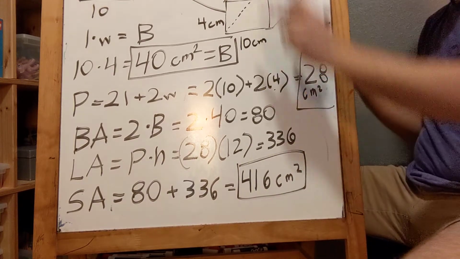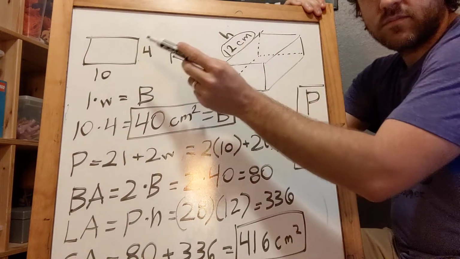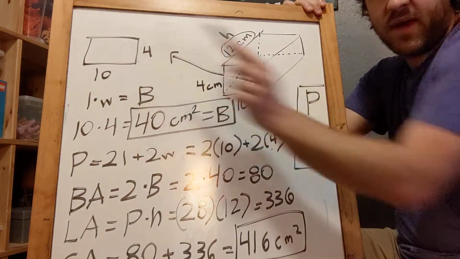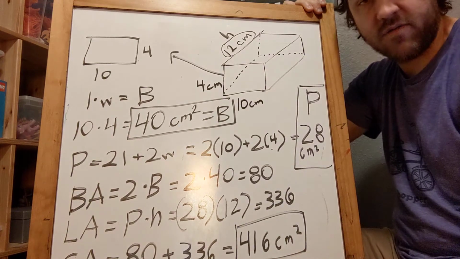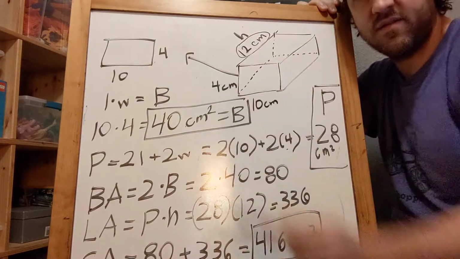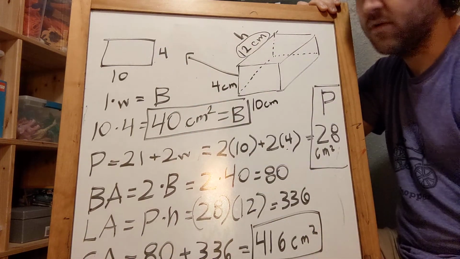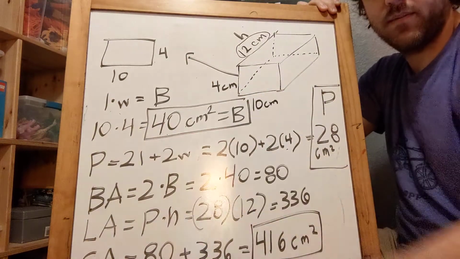I want to walk through that process again real quick so we make sure everybody's understanding what we're doing. In order to find the surface area, we need to find the area of the base. If this was a triangle, I would use all the formulas for triangles. If it was a parallelogram, a trapezoid, whatever shape this is, I'm going to use the formula for that shape. But we had a rectangle. So we did length times width, 10 times 4, 40.